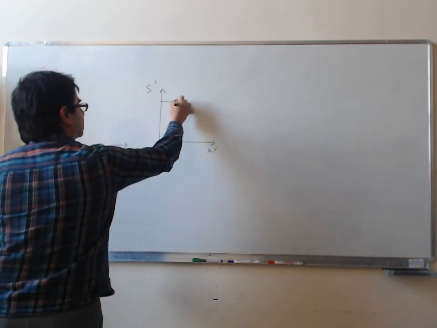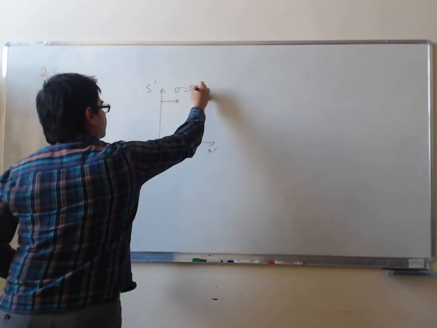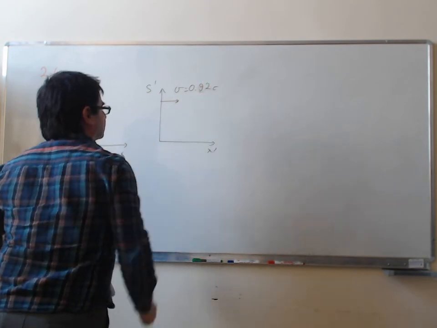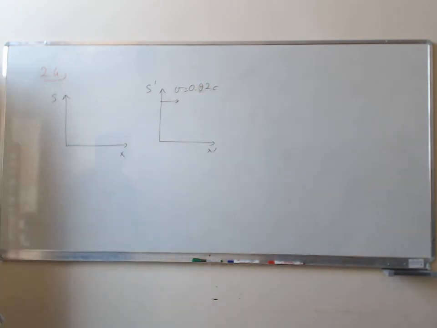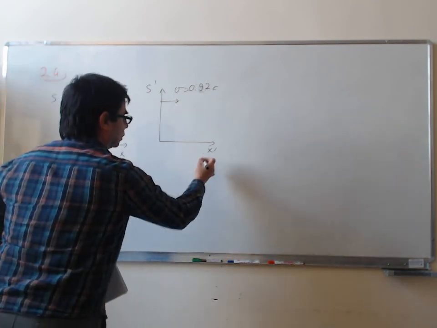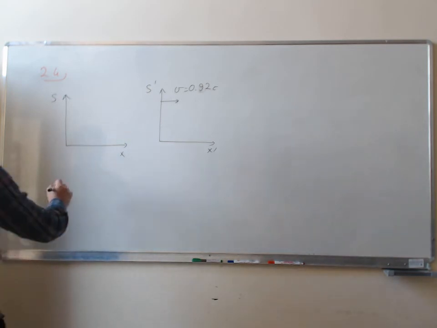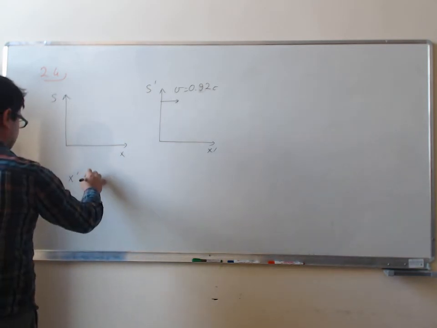This is moving at some velocity, 0.92 c in the positive x direction, and their origins had coincided when both clocks showed 0. And the x's are parallel and so on and so forth. And so we have an object that's stationary in S prime, so its reference frame is really S prime, at position x prime equals 100 meters.